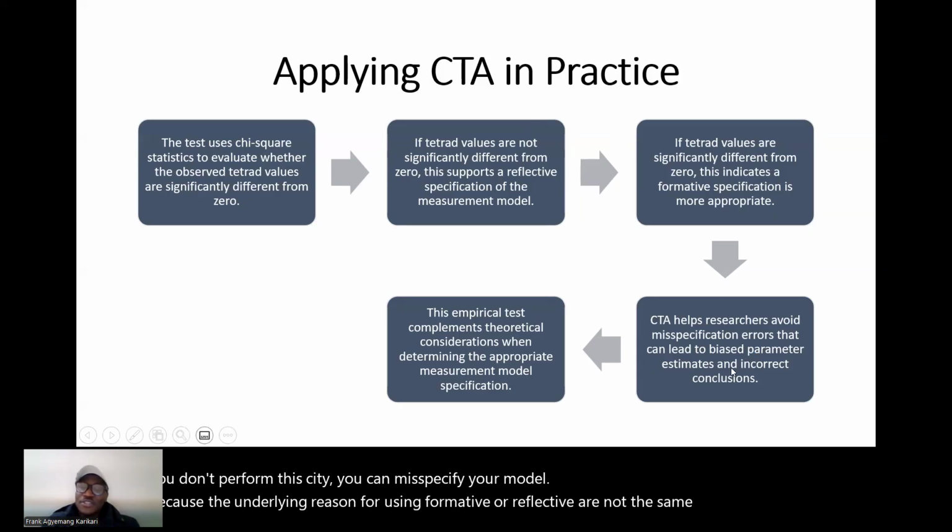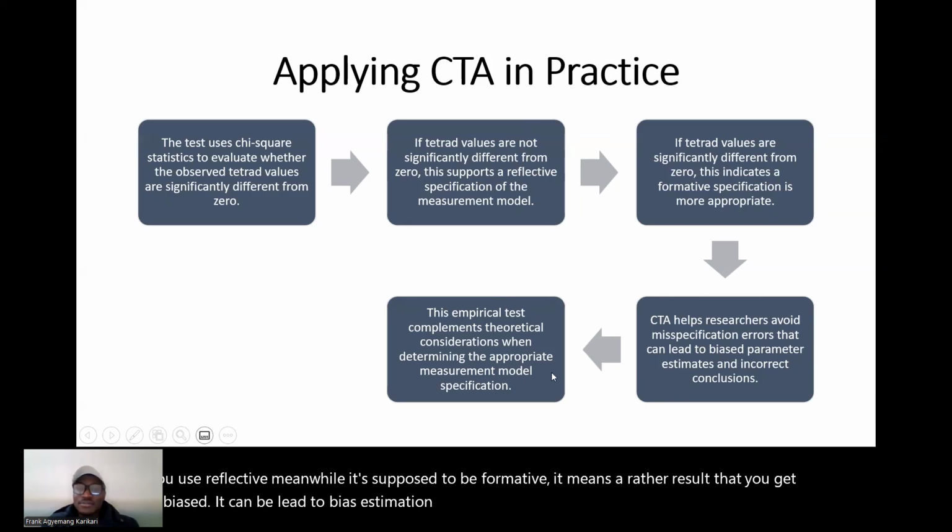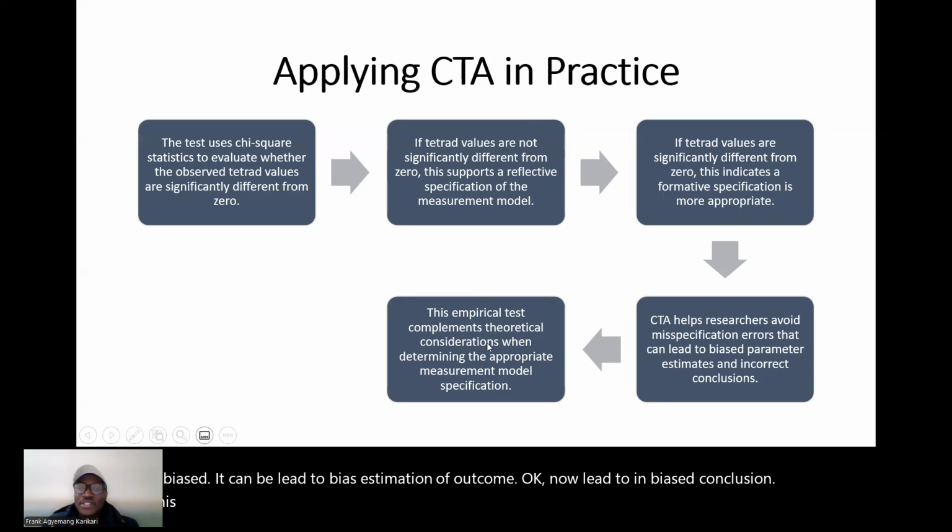So if you use reflective, meanwhile it's supposed to be formative, whatever result you get is biased. It can lead to biased estimation of outcome. Okay, that will lead to biased conclusions. This empirical test complements theoretical consideration.